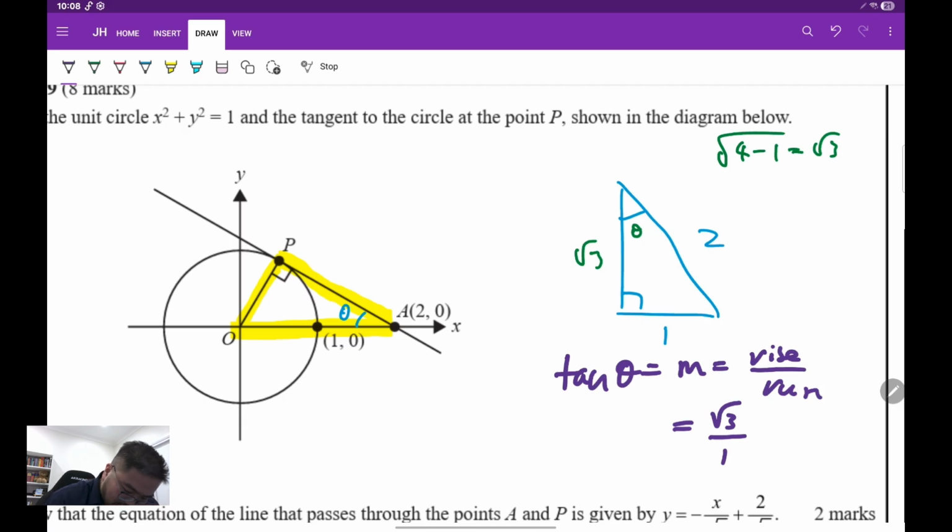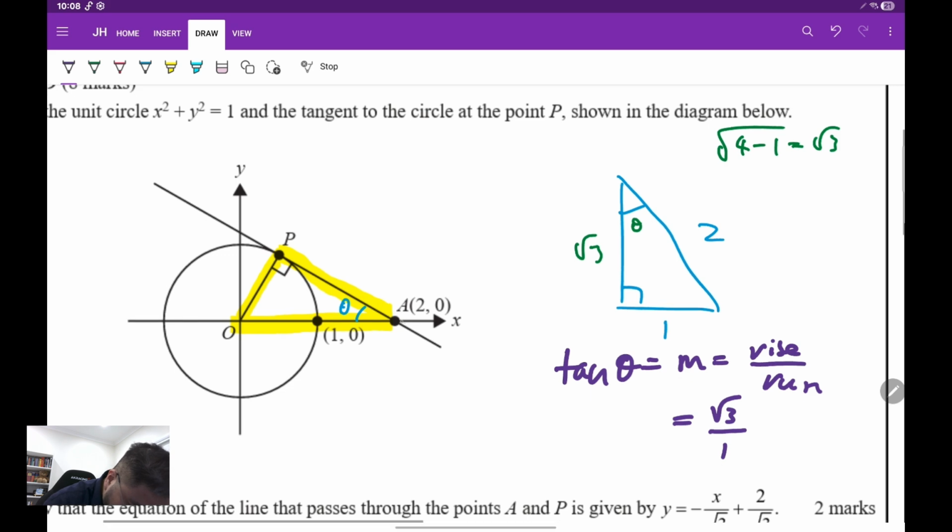But we need to consider the fact that this is for these positive angles here. So this is technically going to be the reciprocal because we are calculating the wrong quadrant. So if we consider this the gradient, therefore the gradient of AP is going to be the negative reciprocal. So I should have said negative reciprocal because it's the perpendicular line to that.